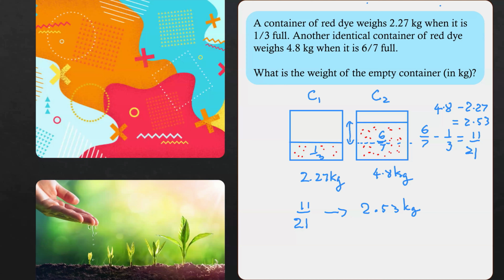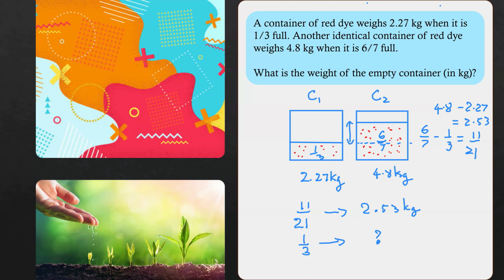So now what I can do is I look at in container 1, the volume of the paint is 1/3. So I put 1/3 there, and that will match with something I don't know. Now, if I can work that out, and I know the weight of the paint inside a container 1.